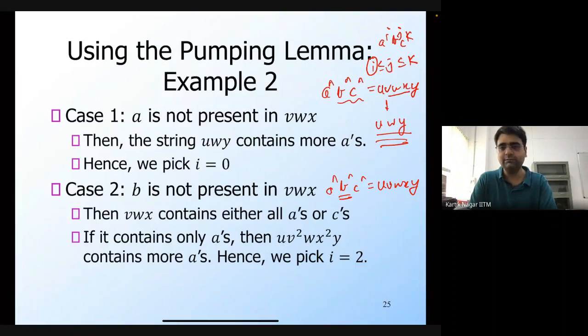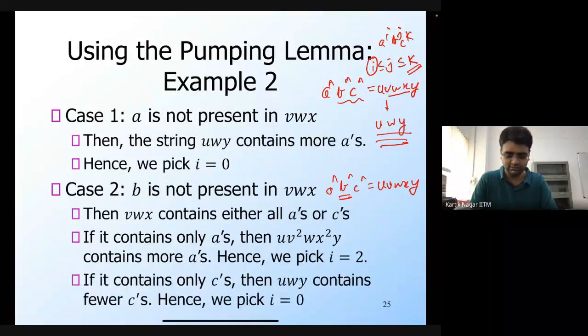If I pump up, it's not really useful, because I will only increase the number of c's, and the resulting string is still in the language. But if I pump down, I still have n b's but fewer than n c's, which will not be in the language. So if it contains only c's, then uwy contains fewer c's, and that's why we pick i equal to 0.